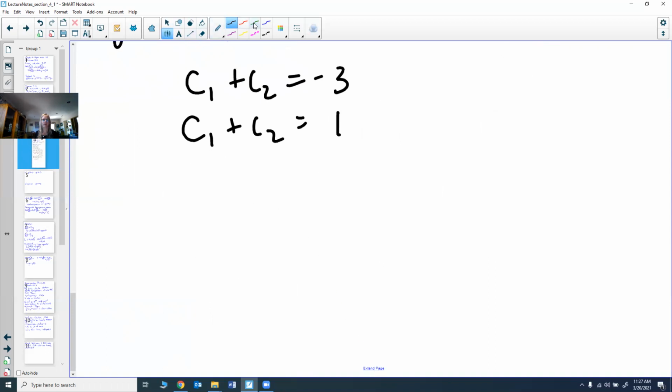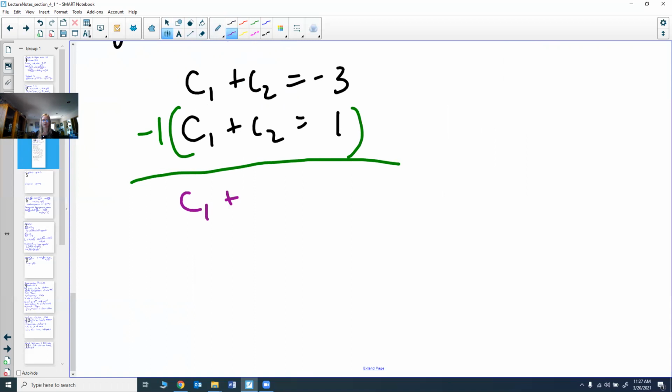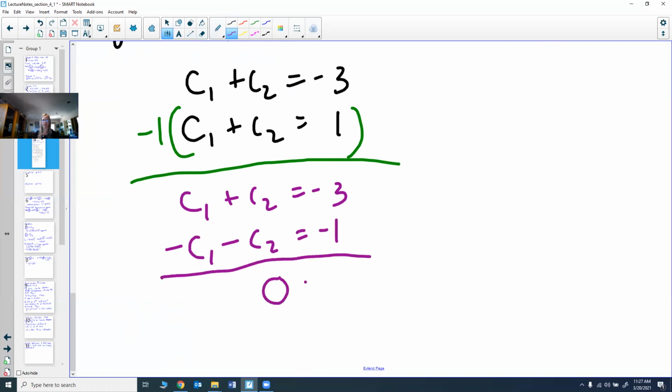You can do anything you want to solve this, but the easiest way I can see is to multiply the second equation through by -1. And so we end up with c1 plus c2 equals -3, and negative c1 minus c2 equals -1. Adding those together, you get 0 equals -4. Well, 0 can't equal -4. So that means no solution.